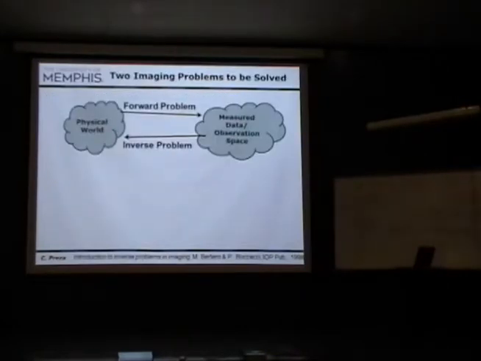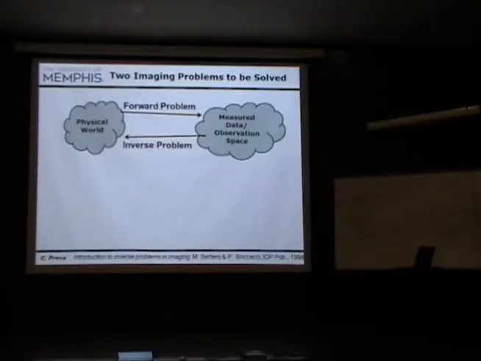Now, I already mentioned that we're solving a problem, and there are actually two related imaging problems that are being solved in computational imaging, okay? On one hand, we have the physical world that I described, everything that takes place to produce the image. And over here, we have our observation space, that's where our measured data lives.